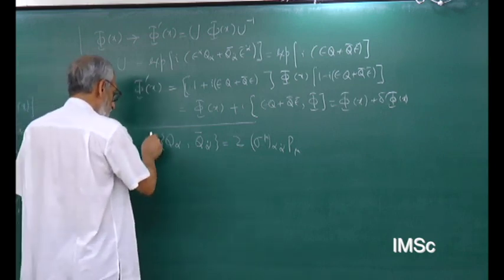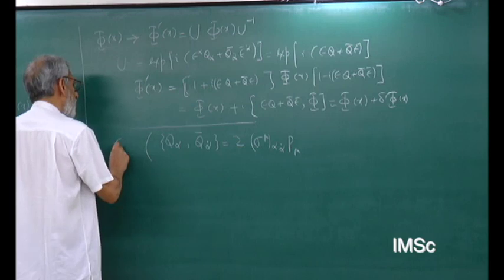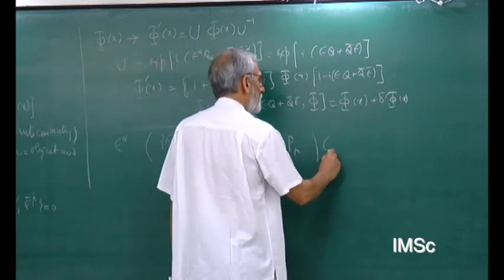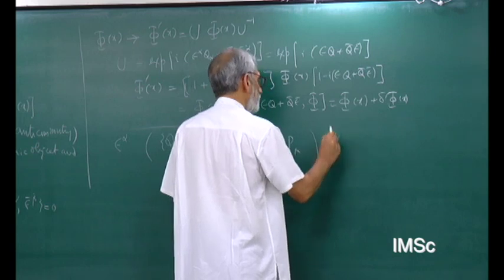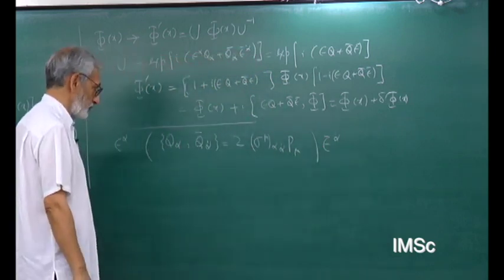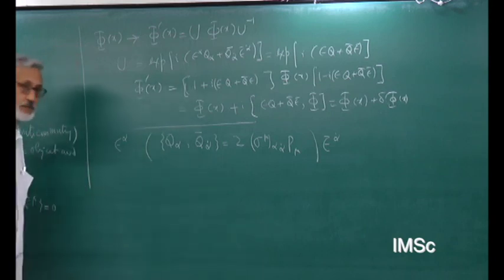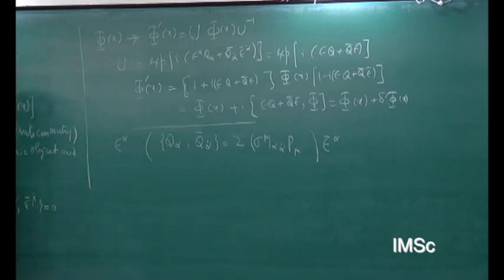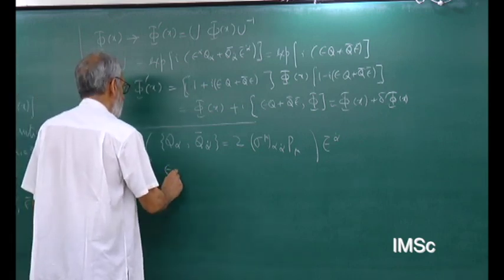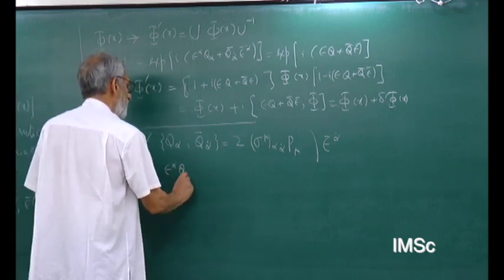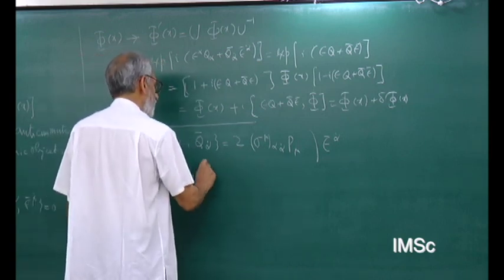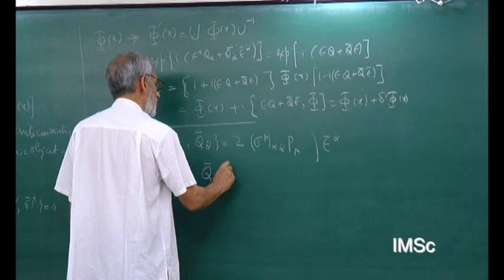Now, this SUSY algebra, if I just multiply by epsilon alpha from this side and epsilon bar alpha dot from this side, this object will become epsilon alpha Q alpha, and this will become Q bar alpha dot epsilon bar.